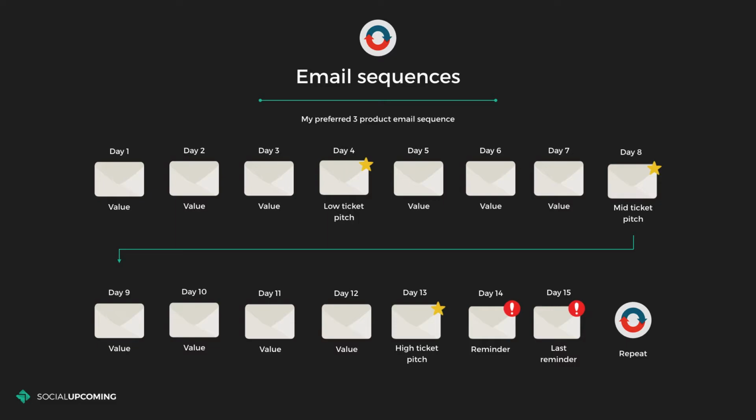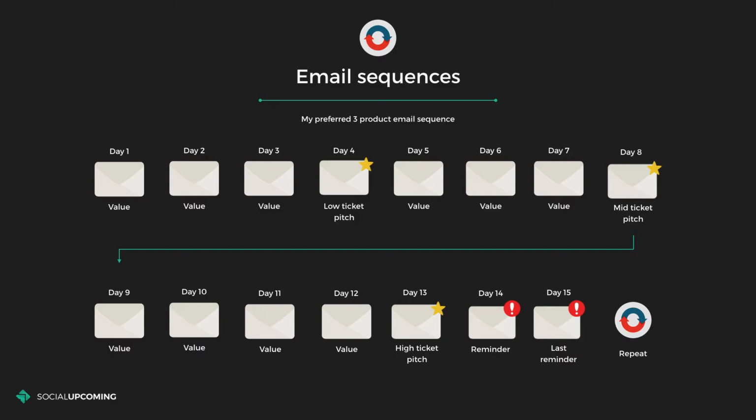You want the free value that you send to a subscriber to be relevant to what you have already been sending them, so for day 2 and 3 the content should be relevant to day number 1.